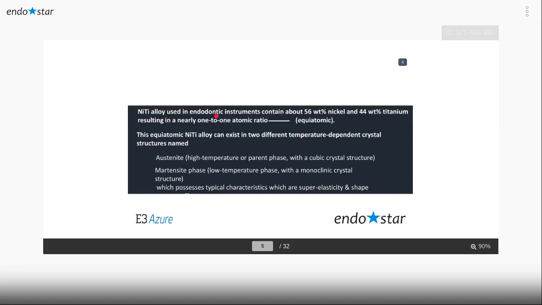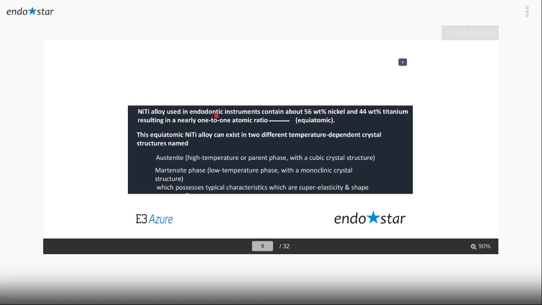But mainly in root canal files, they have this ratio. Sometimes they add additives, sometimes they change the percentage to slightly change the behavior of the wire itself.